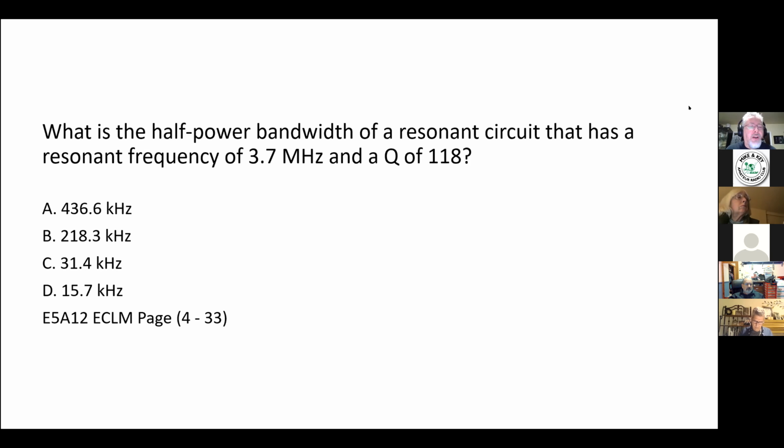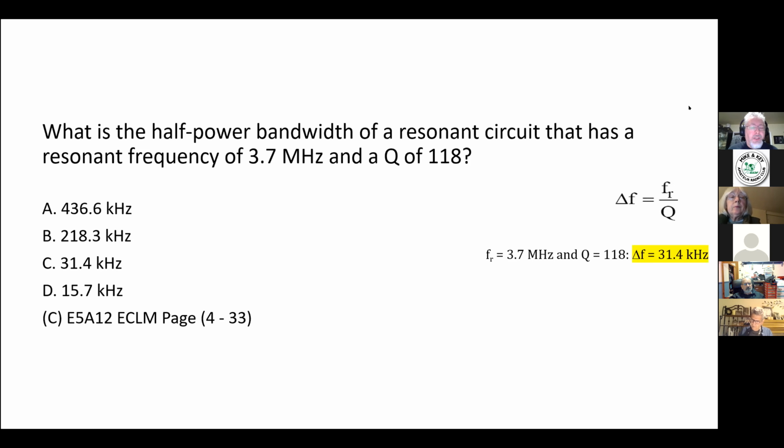A, 436.6 kilohertz, B, 218.3 kilohertz, C, 31.4 kilohertz, or D, 15.7 kilohertz? Charlie. B. Charlie is correct. Same formula, delta frequency is frequency resonance over the Q.